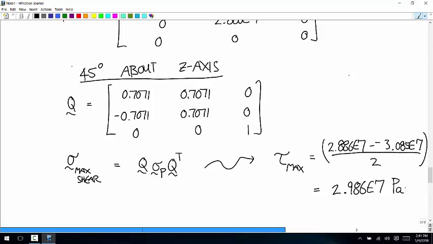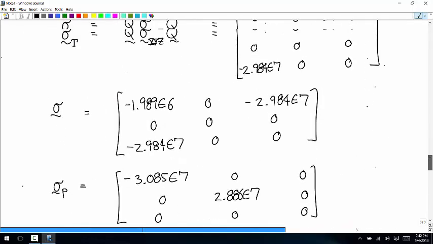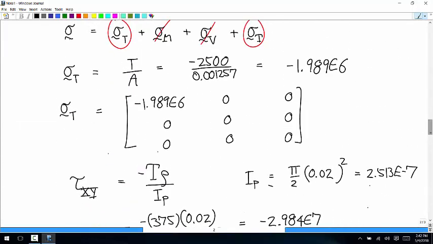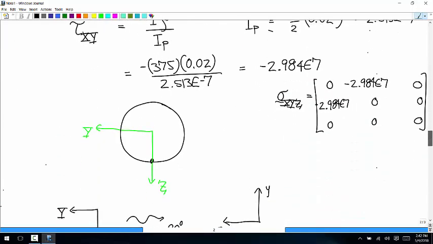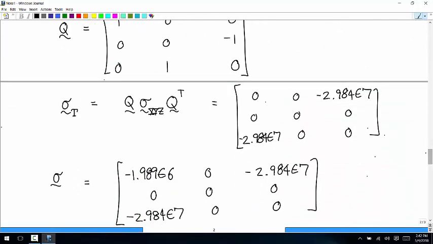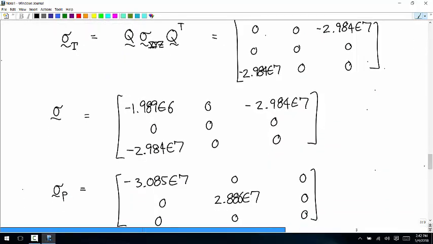Any questions about that? How do we find the normal stress if we didn't have faith in our calculations beforehand? Well, here, after doing all the stress calculations, here was our stress tensor.